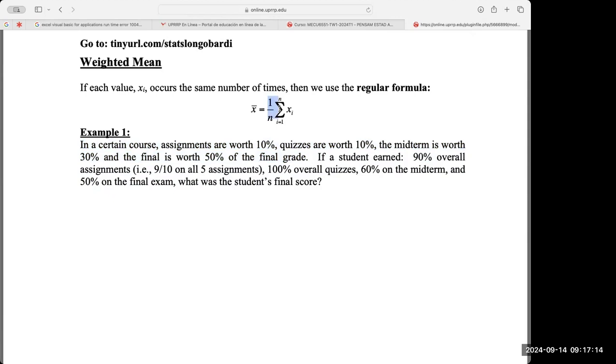Although the regular mean formula says sum up all the values and divide by how many there are. And I mentioned to you last class, whenever you see this symbol with an n on the bottom, or n-1, or even n-2, I refer to this as an average. Another word for average is mean, but in general, I just refer to it as an average, a kind of average.